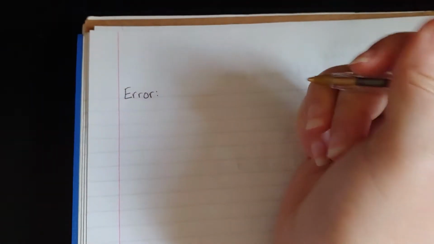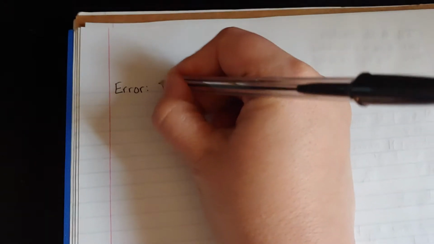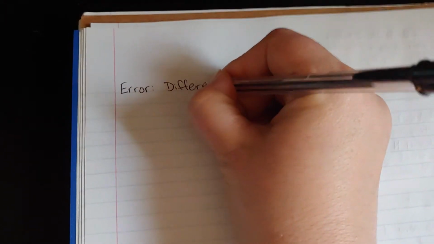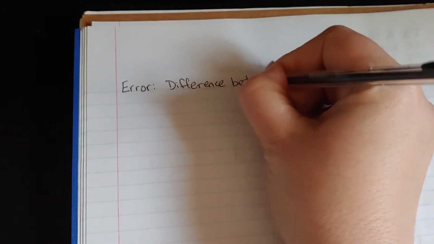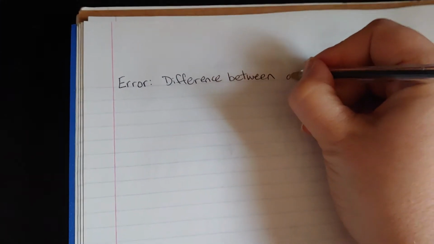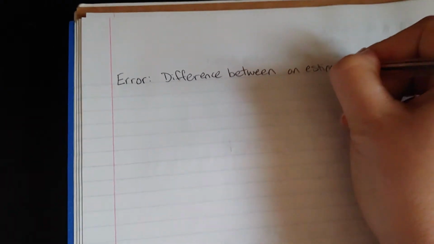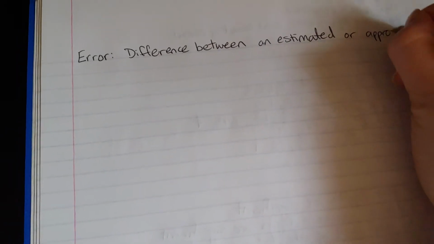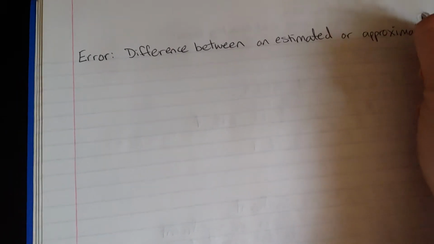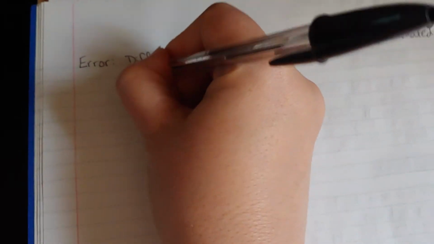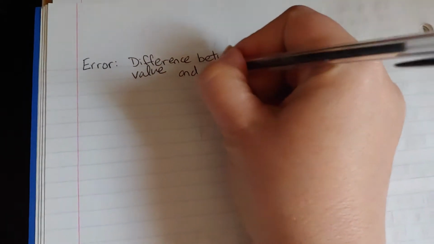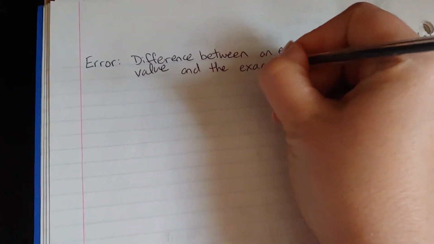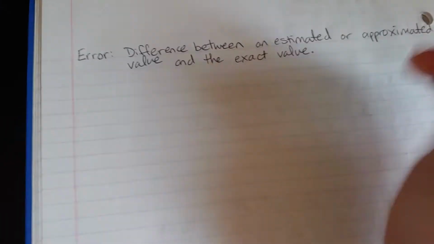Percent error starts out with talking about what error is. So error is the difference between an estimated or approximated value and the exact value.